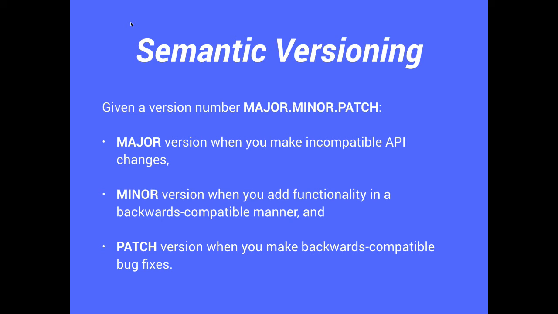I have some package and I just add this new feature. My users can update their projects because it's not going to break. You're just adding some new stuff. And a patch is when you fix some bug and you maintain the same API.